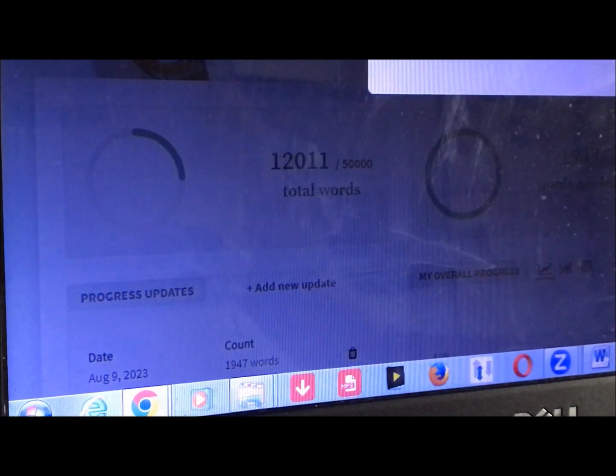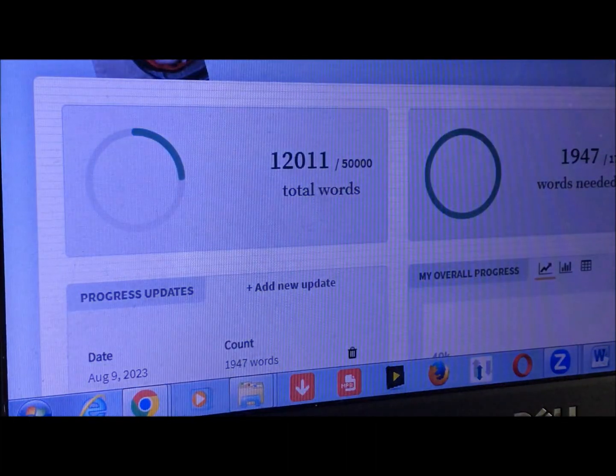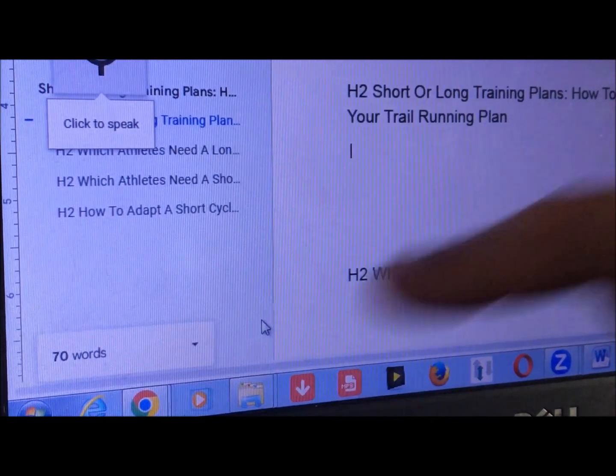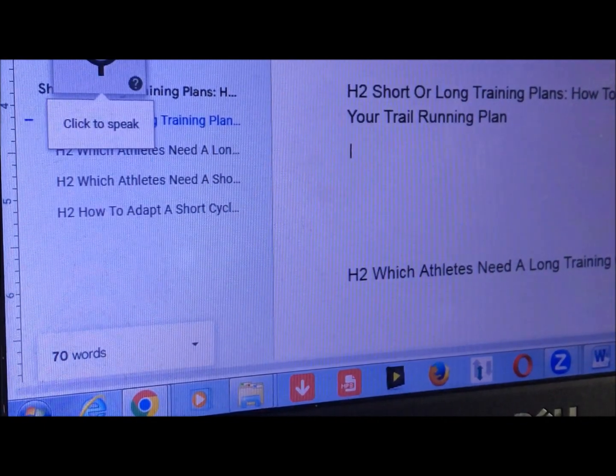The reason why I'm setting it for only 10 minutes is that in 10 minutes time it's the end of the Project 24 content hour time. So let's see in 10 minutes how many words I can knock out on this specific blog post. That's sitting on, as you can see, 70 words at the moment, and let's make it rock and roll.